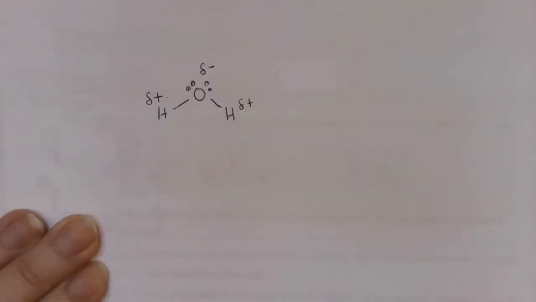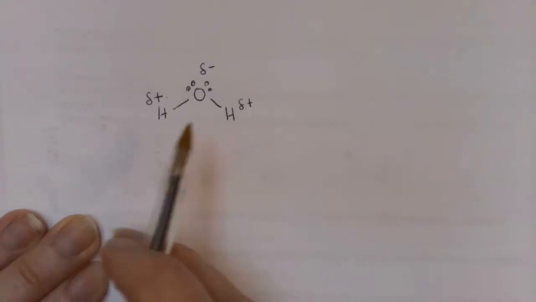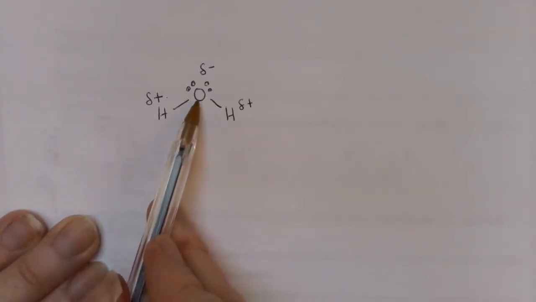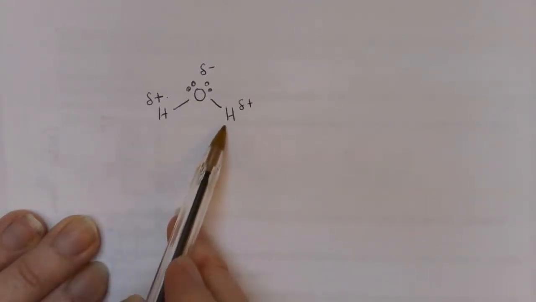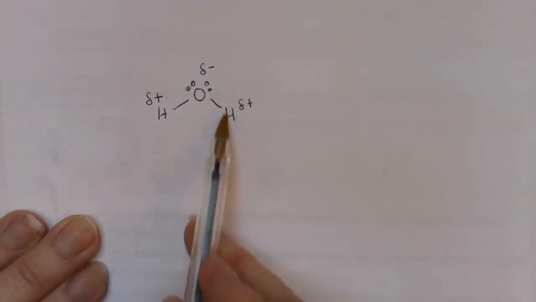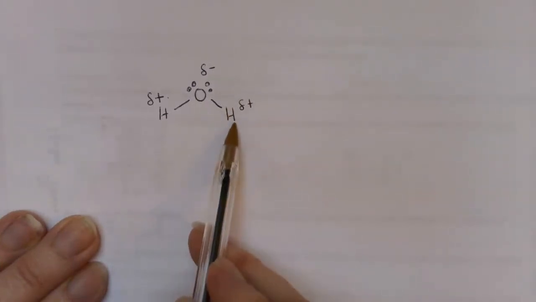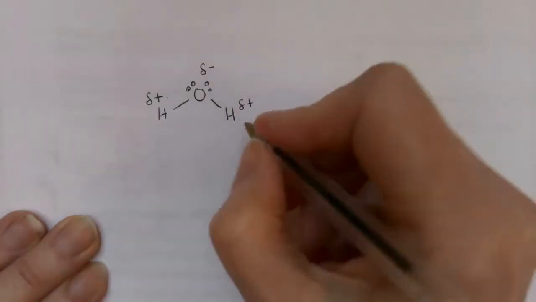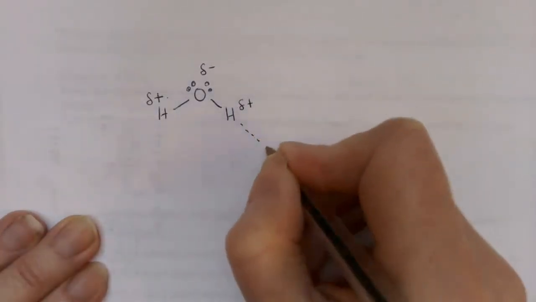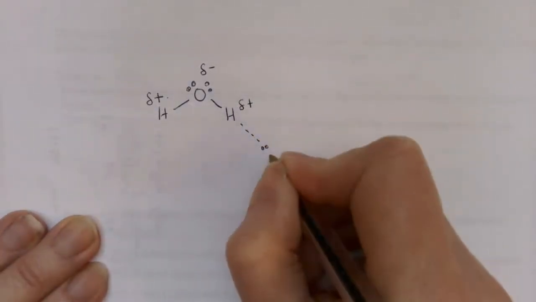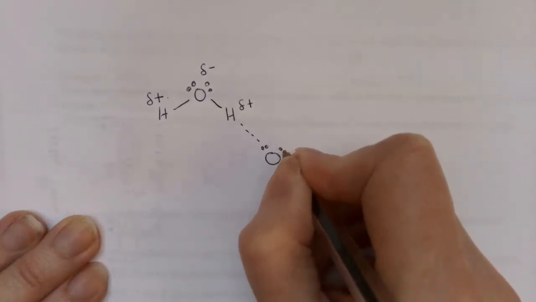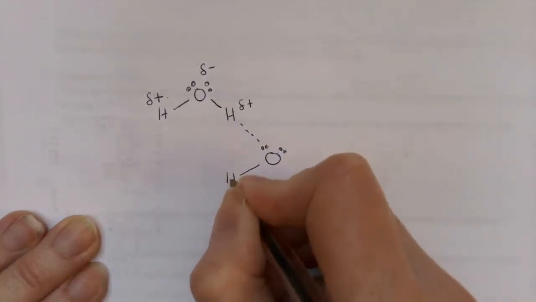So we're going to take water as our example. There's a large electronegativity difference between the oxygen and the hydrogen, and this is going to make this hydrogen very delta positive. This delta positive hydrogen can then be attracted to the lone pair of an adjacent oxygen on a different molecule.